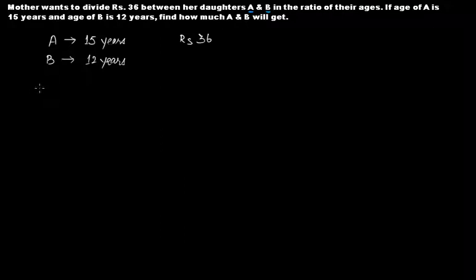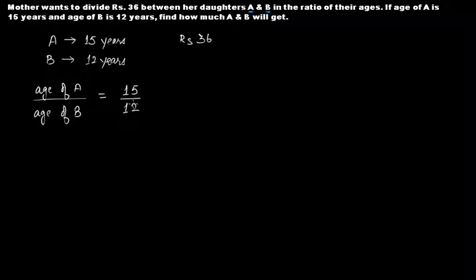So if I have to find the age of A to the age of B, we are finding a ratio. That is, age of A to age of B will be equal to 15 to 12. Now, of course, this ratio is not in its simplest form.